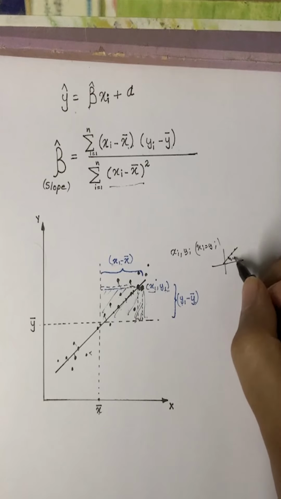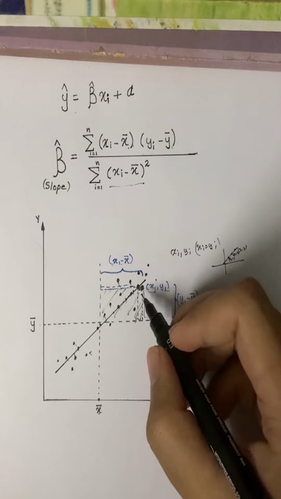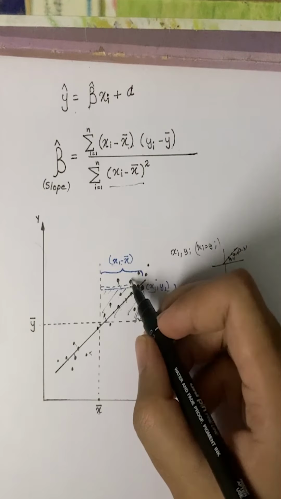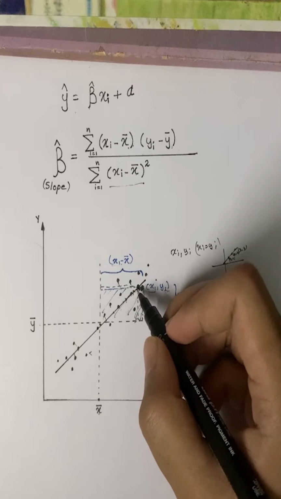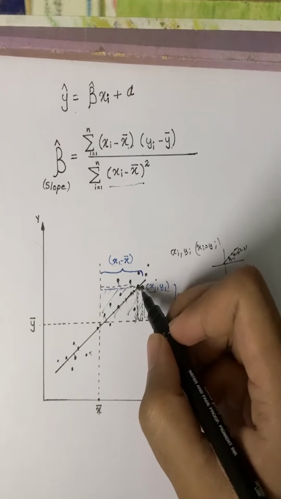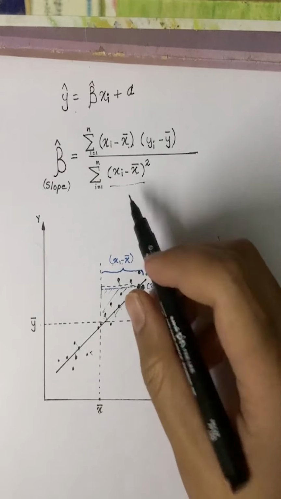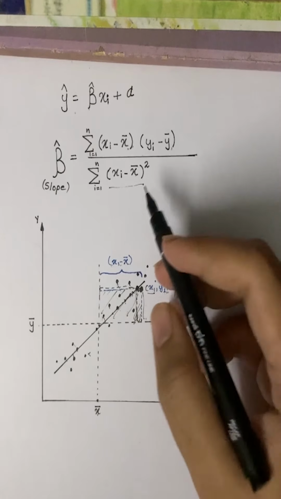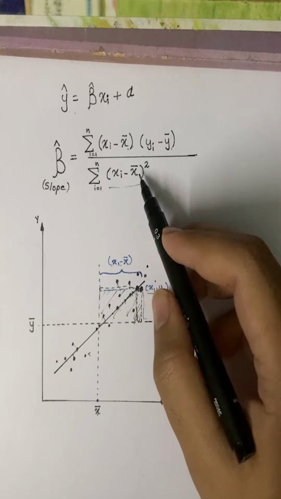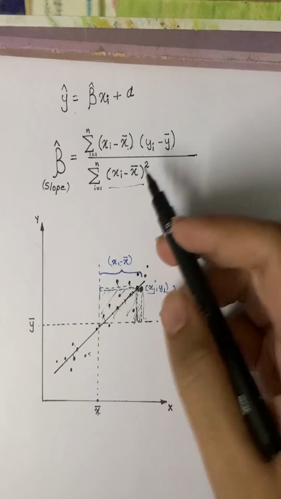If this is 1 1, this will be 2 2, 3 3, and so on. So when we transpose the line into this, it actually forms a square. If we move this point from here, we get a square, and this is the area of the square, because a square has all sides equal. So if xi minus x dash is the length of the square, the area is the whole square of it.